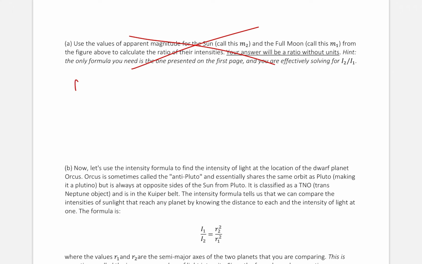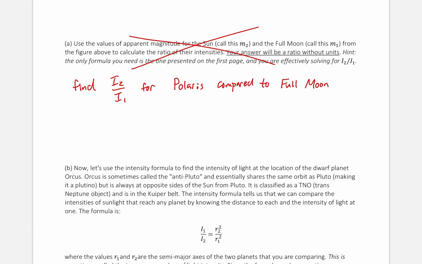I'll write that as a sentence. So we're asked for the same thing, but of course with different values. So find I2 over I1 for the Polaris compared to the full moon.